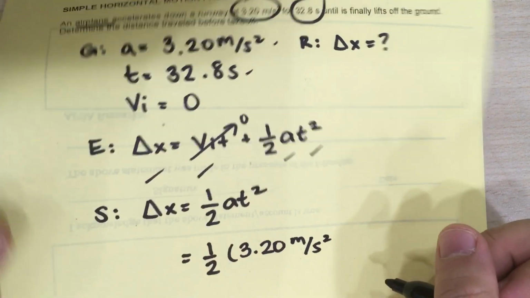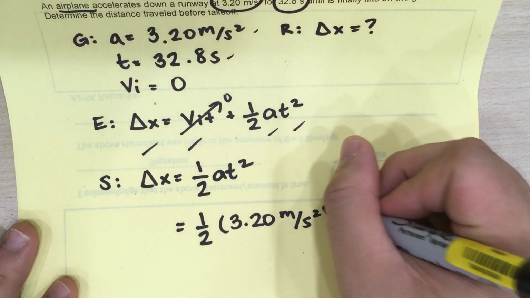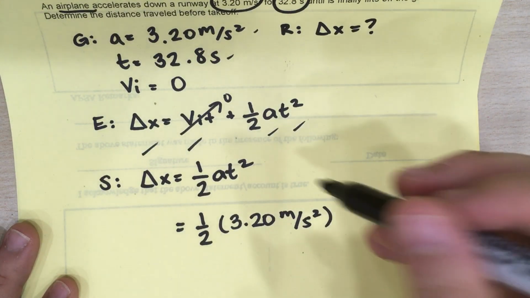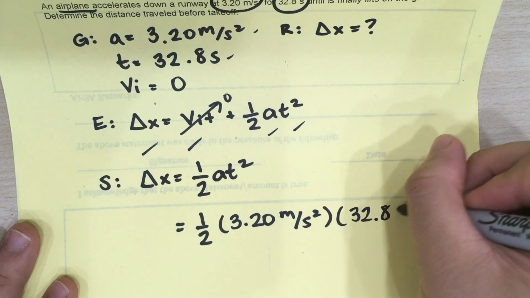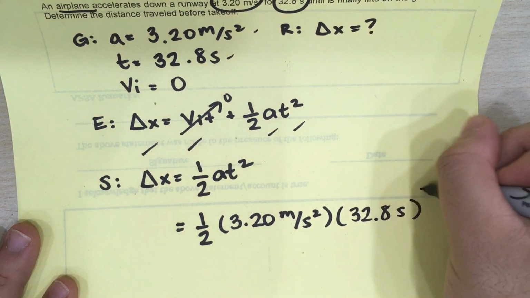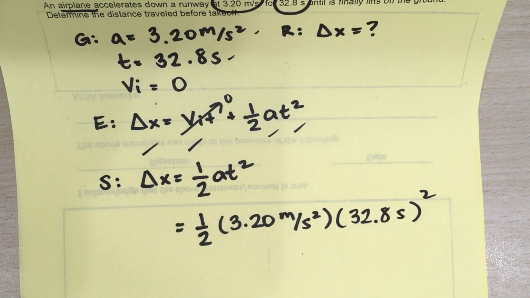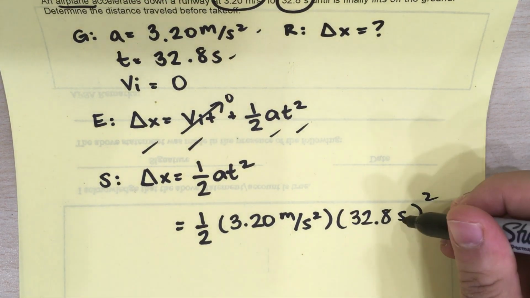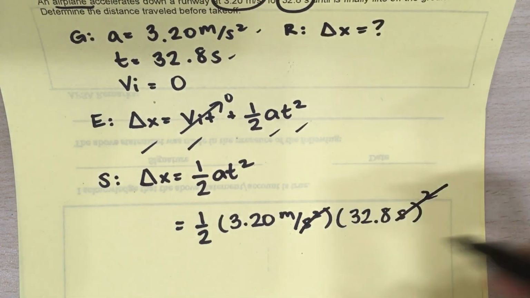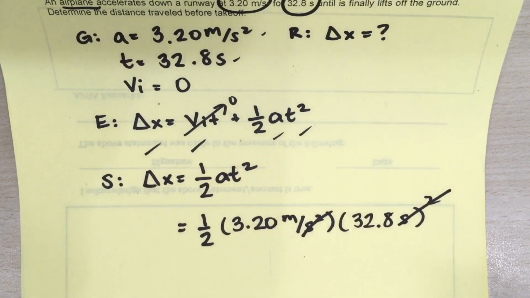Okay. What is your time? Your time is simply 32.8 seconds. And don't forget that entire thing is squared. So now we have something which we can plug into our calculator. Let's try it out. So the seconds will cancel out. You'll be left with a unit of meters, which is consistent to delta x.